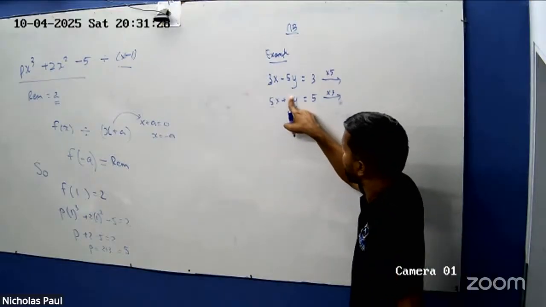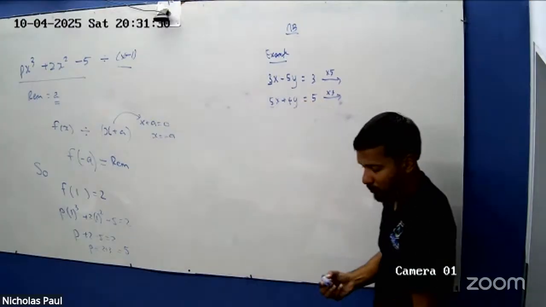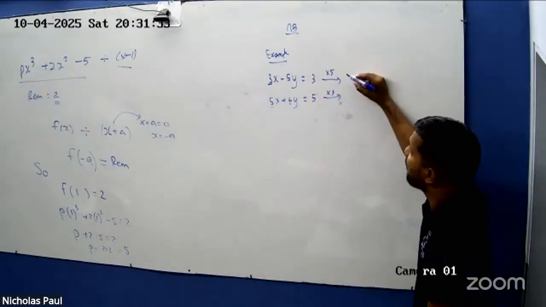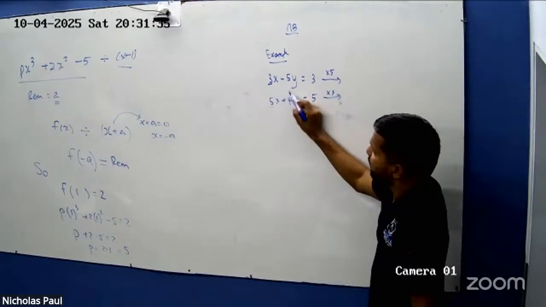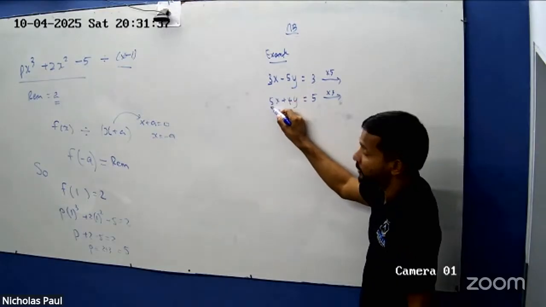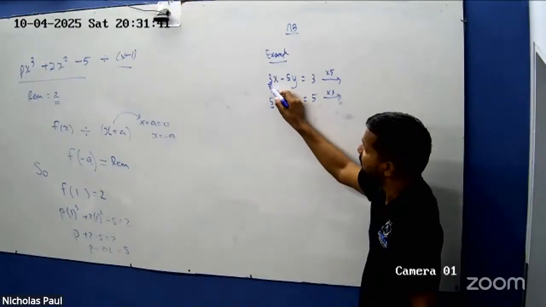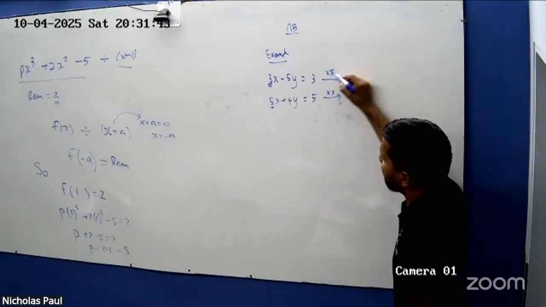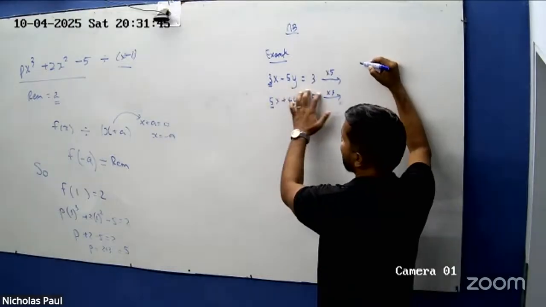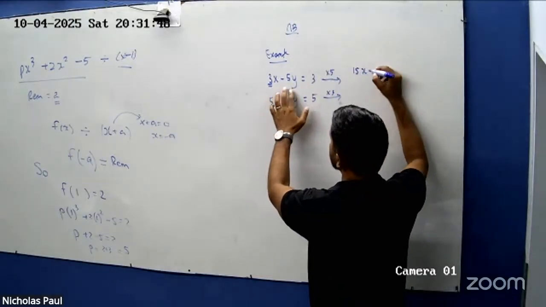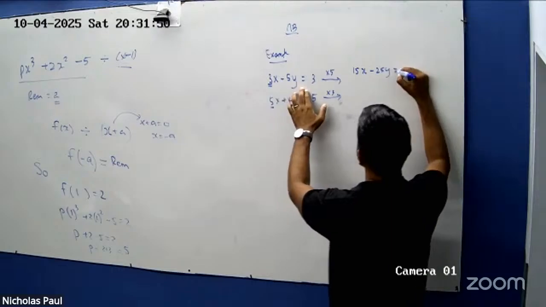So if you multiply the first equation by this coefficient here, and the second equation by this coefficient here, what will happen? Multiplying by 5 gives 15x minus 25y is 15.